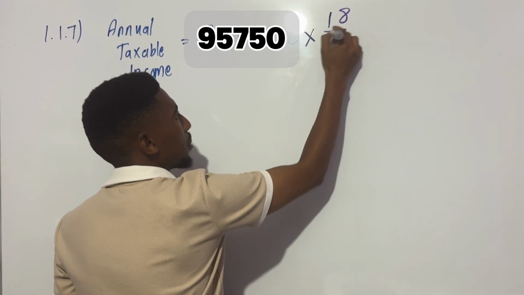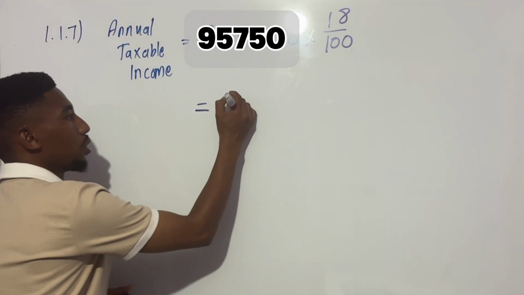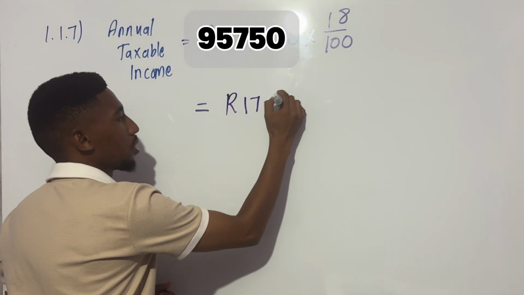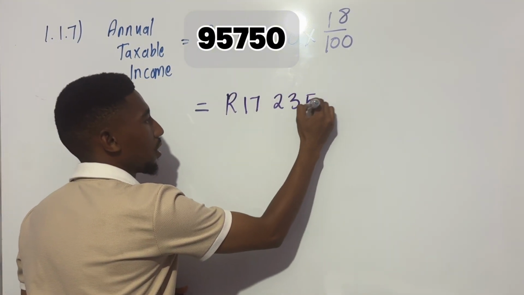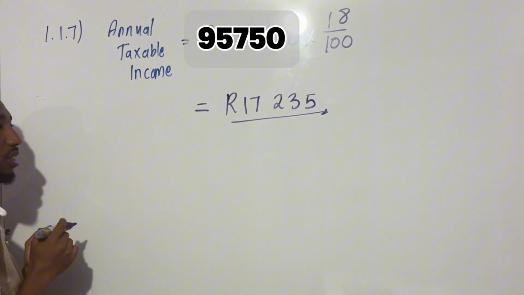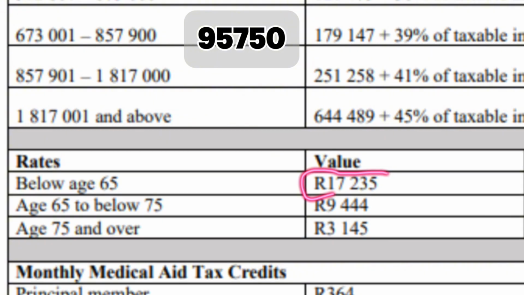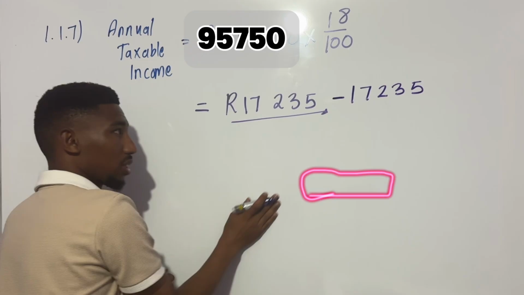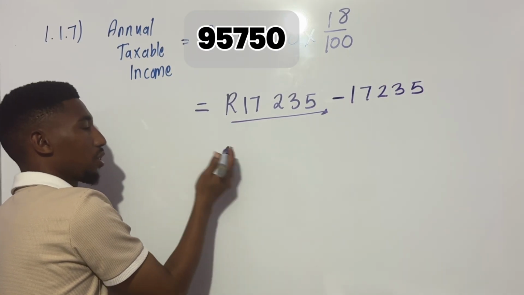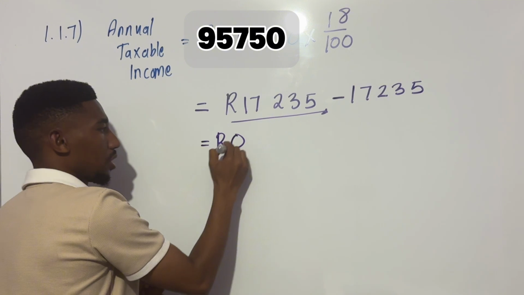So we find 18% of this value, and that is equal to 17,235 Rand. Now we are saying that this person is under the age of 65. They qualify for a tax rebate of exactly 17,235, and we subtract our tax rebate from our tax, and we end up with 0.